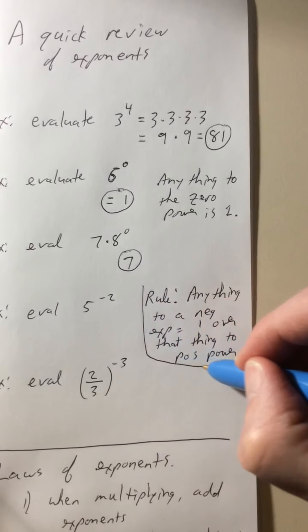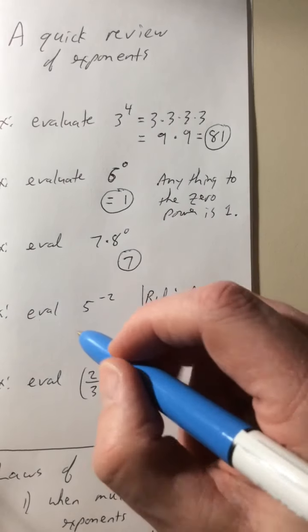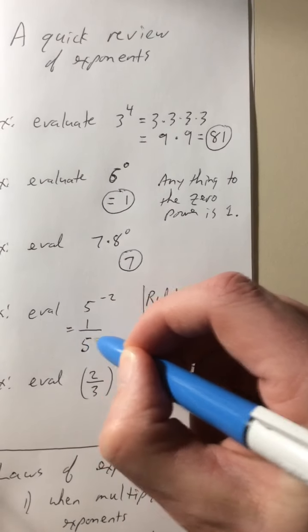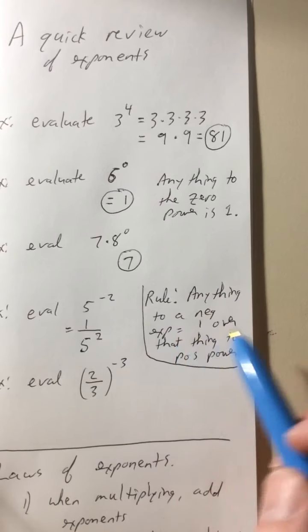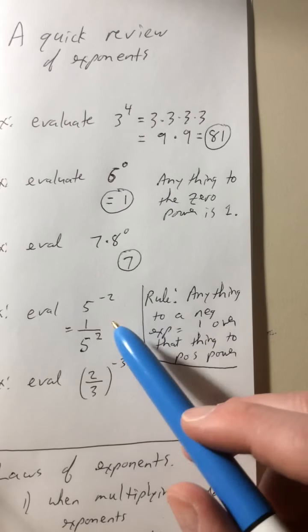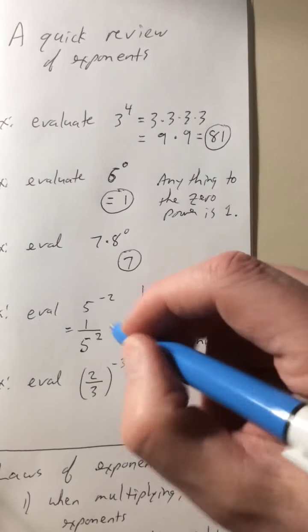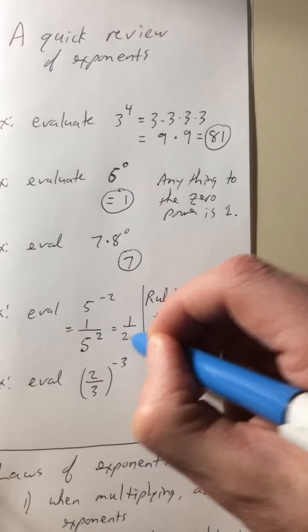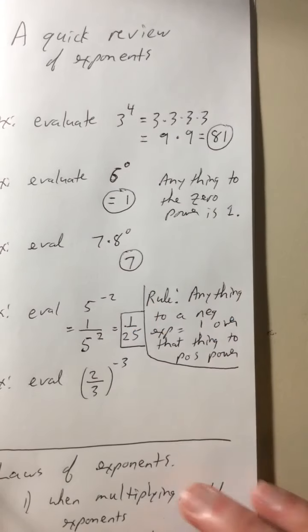So that's our rule for dealing with negative exponents. Anything to a negative exponent equals 1 over that thing to the positive power. So 5 to the negative 2 is the same as 1 over 5 to the positive 2. And of course, we know 5 to the positive 2 is 25, so this is 1 over 25. Hopefully this is all review. You've seen this before, and this all makes sense.